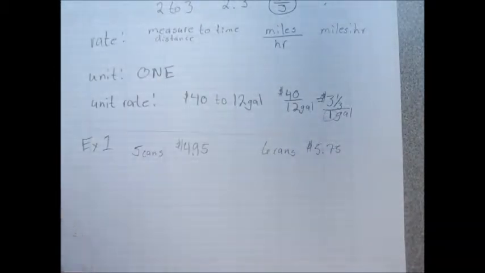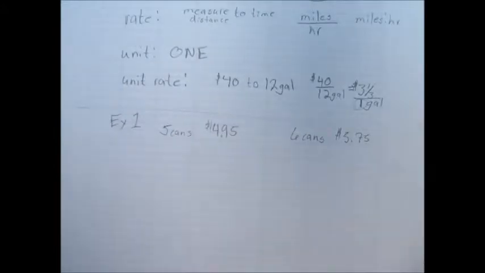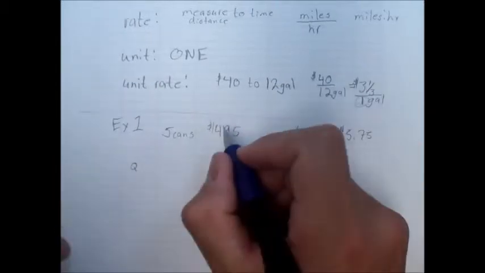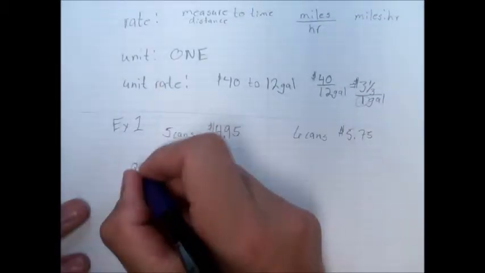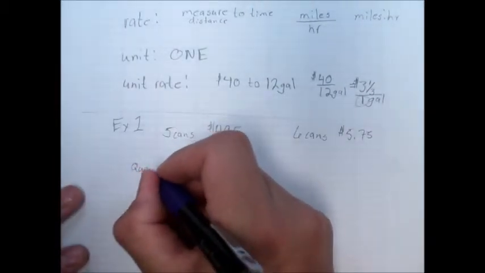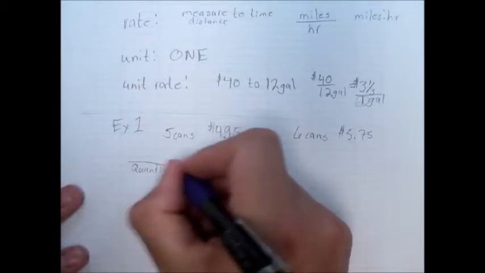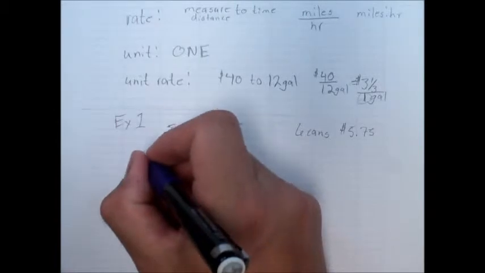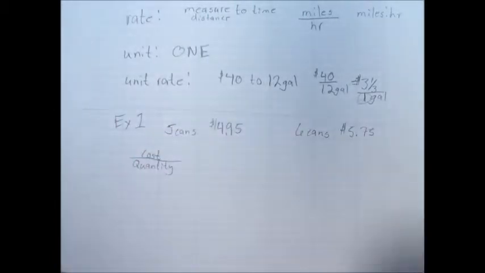Chef Boyardee is mine, so I'm going to go with cans of Chef Boyardee. Quantity is always on the bottom, and on the top it's normally cost over quantity. You'll see it as cost over quantity, which is pretty obvious.